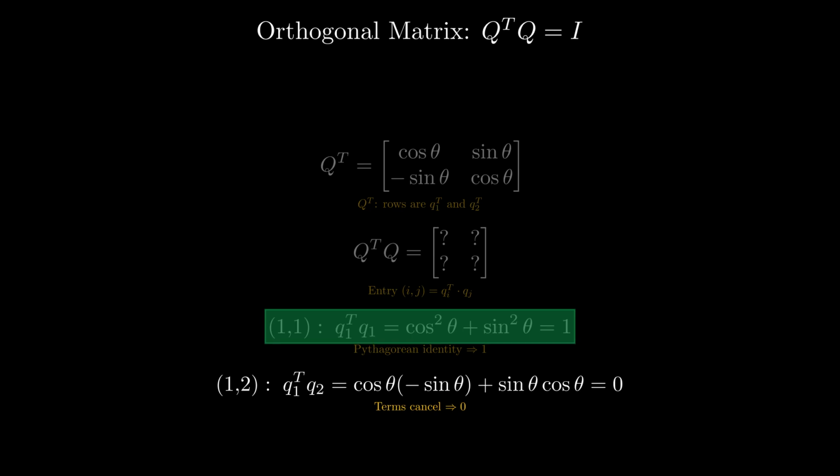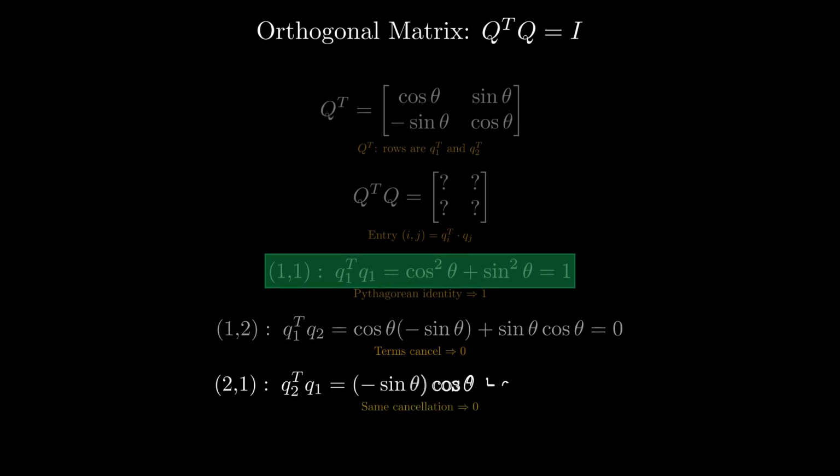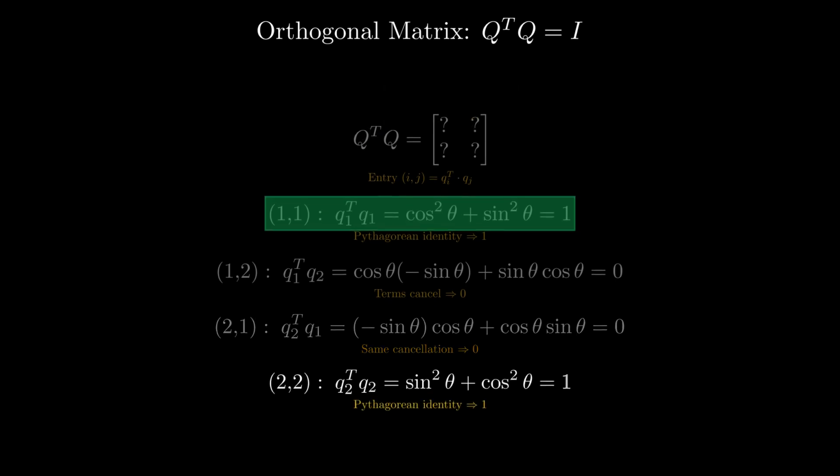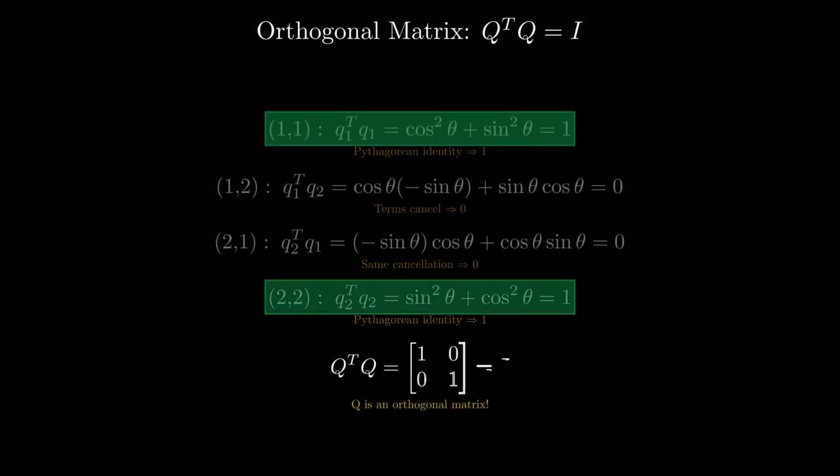That's negative cosine theta sine theta plus cosine theta sine theta, which equals 0. Entry 2,1, Q2 transpose times Q1 gives the same calculation, also 0. Entry 2,2, Q2 transpose times Q2 equals sine squared theta plus cosine squared theta, which equals 1. The result is the 2 by 2 identity matrix. Q transpose Q equals I.